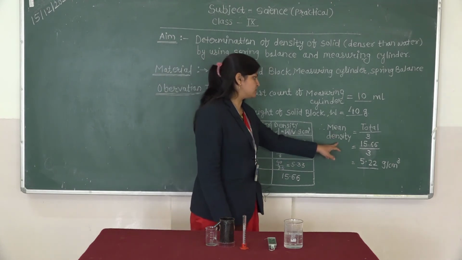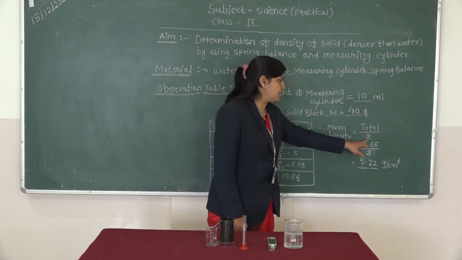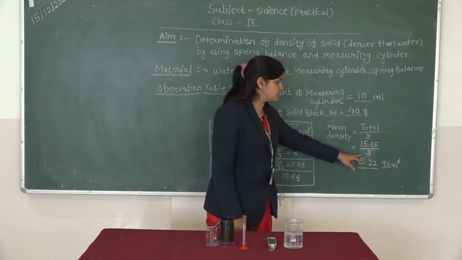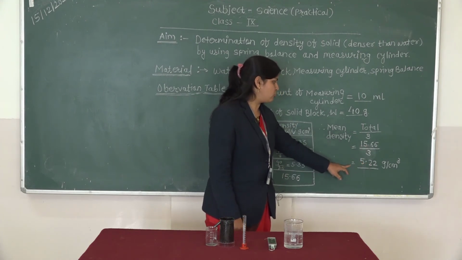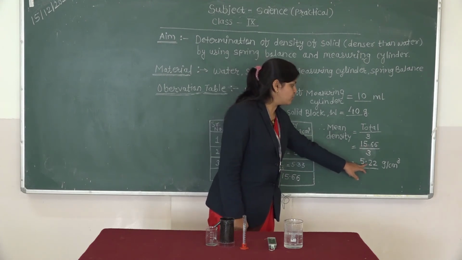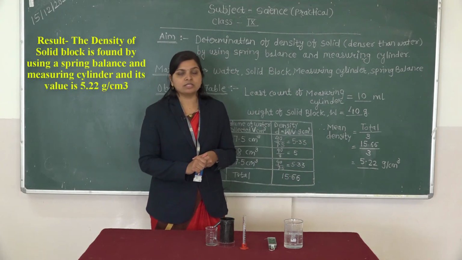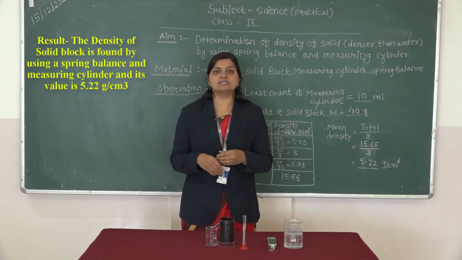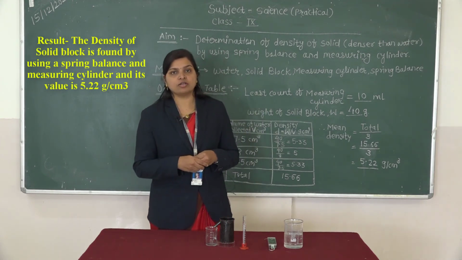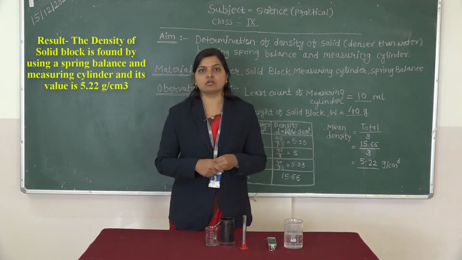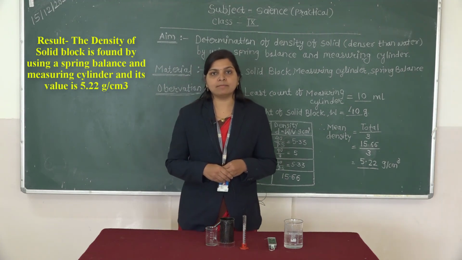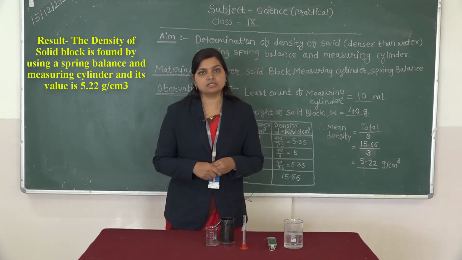Mean density is equal to total by 3, that is 15.66 upon 3, and finally we got the mean density, that is 5.22 gram per centimeter cube. In this way we find out the density of given solid which is denser than water with the help of spring balance and measuring cylinder.